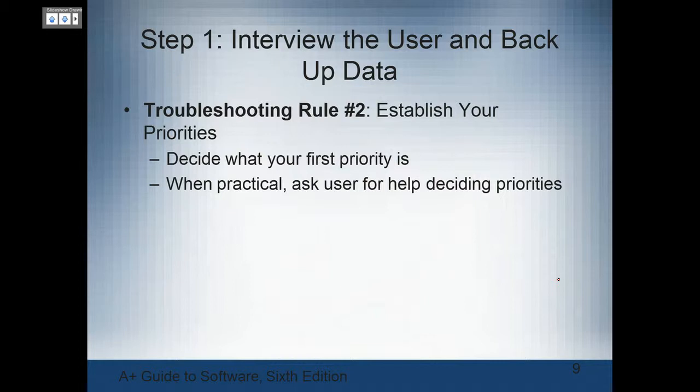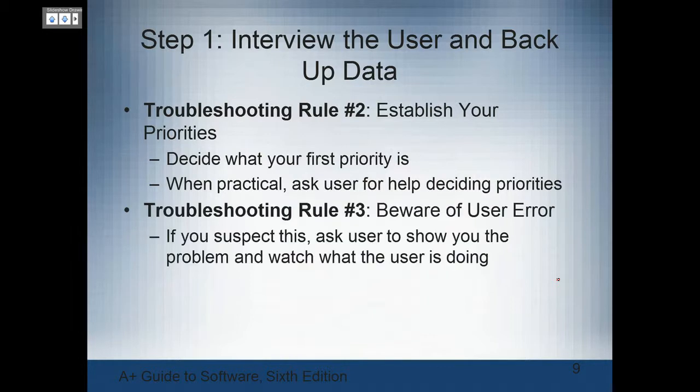Ask for help when deciding the priorities. It says, when practical, beware of user error. That's one of the things where you may want to actually watch the user do something. We change that procedure, or they change this, or they change that. If they're doing it wrong, you've got to be diplomatic about it.